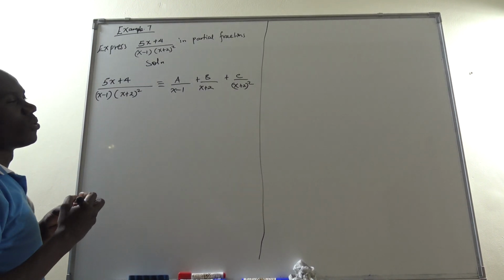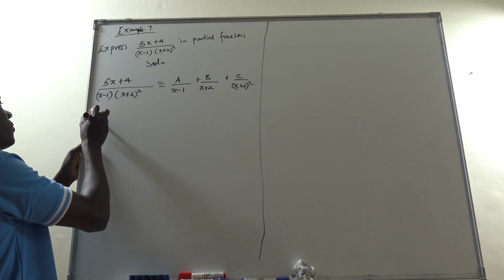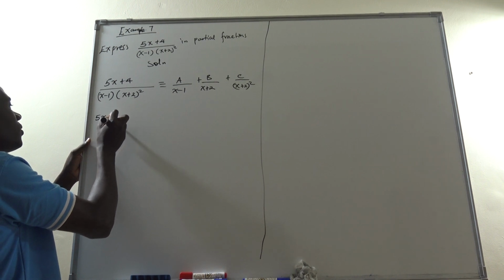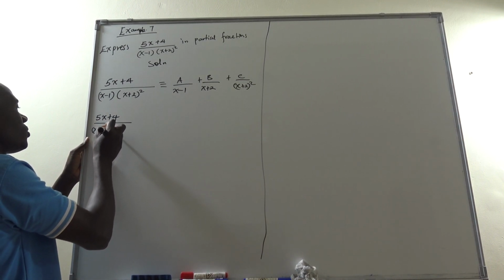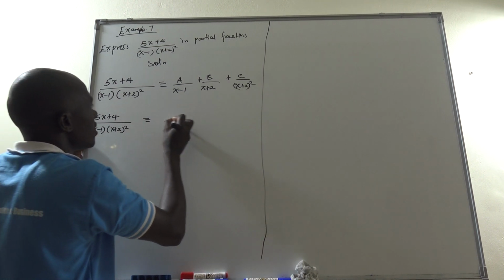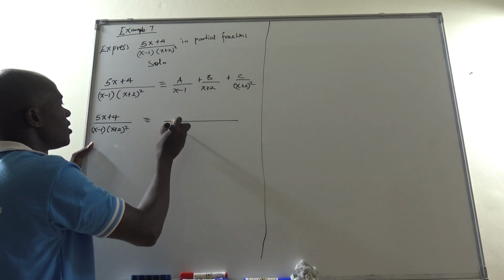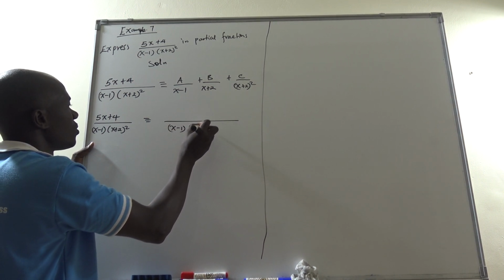So what we're going to do, we are going to get the LCM. So we are having (5x + 4) all over (x - 1)(x + 2)², which is the same as, the LCM here is (x - 1)(x + 2)².